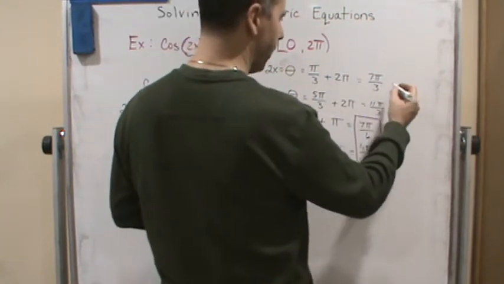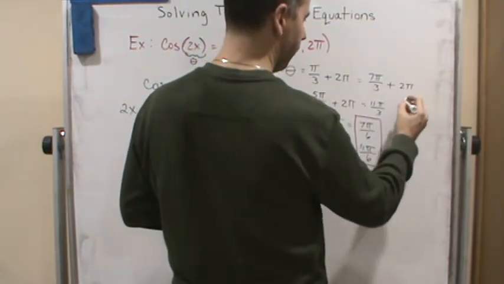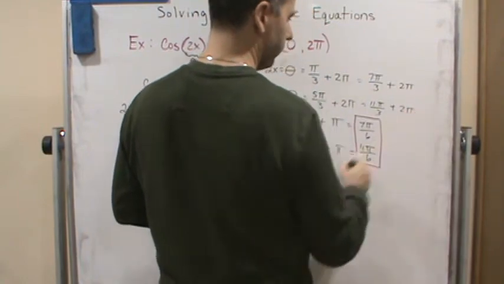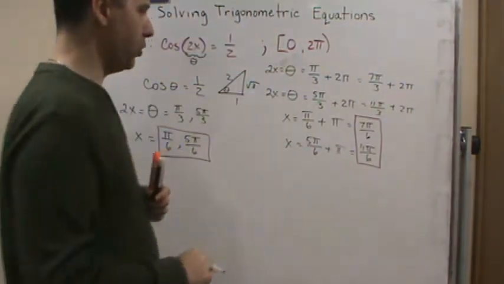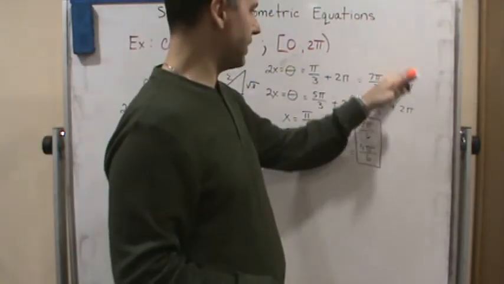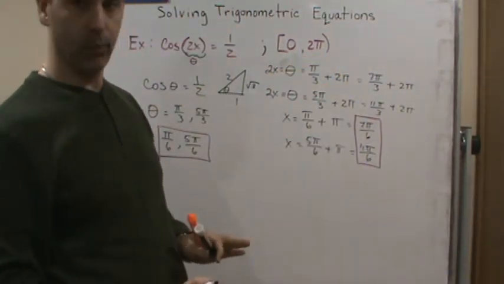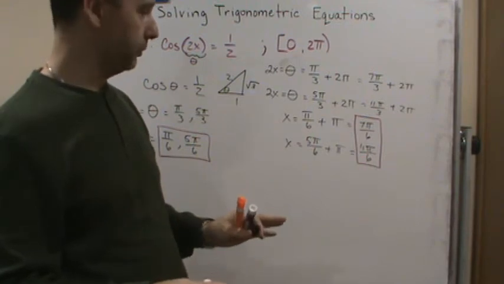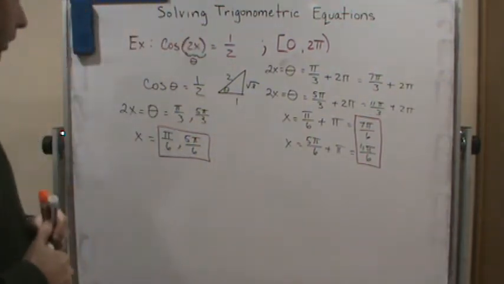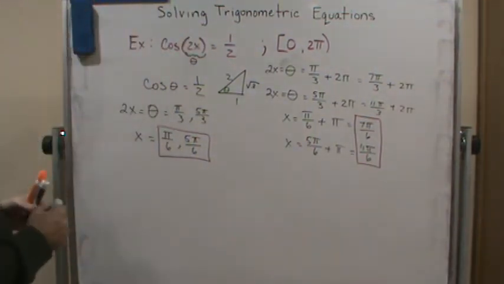Now if I add another 2 pi, and then divide by 2 to solve for x, I'm going to get something bigger than 2 pi, and I'm done. Okay, because I can't count those. Okay? So, but notice something here.